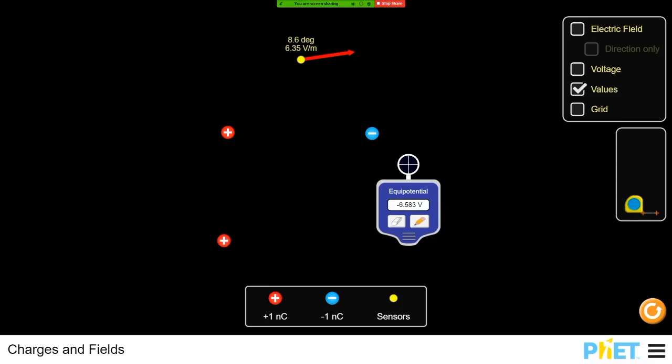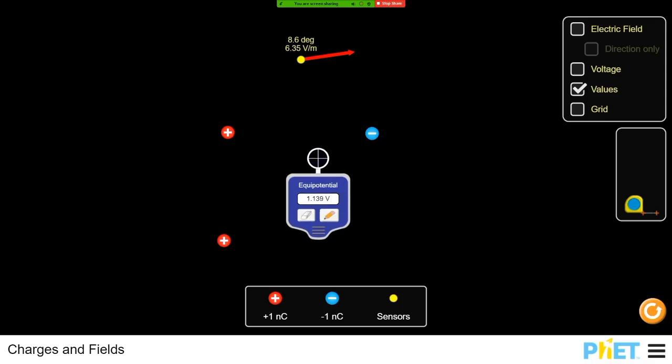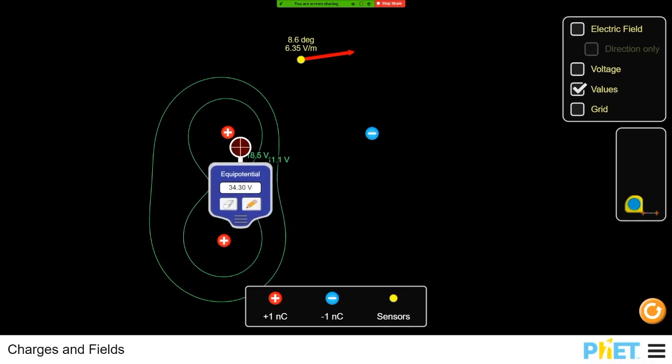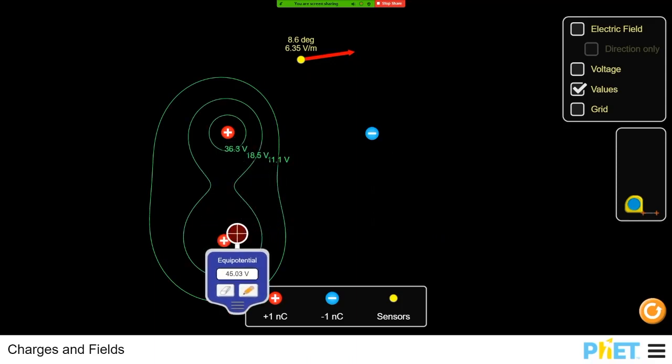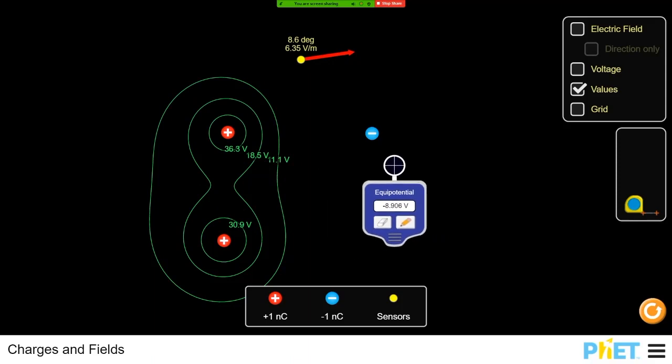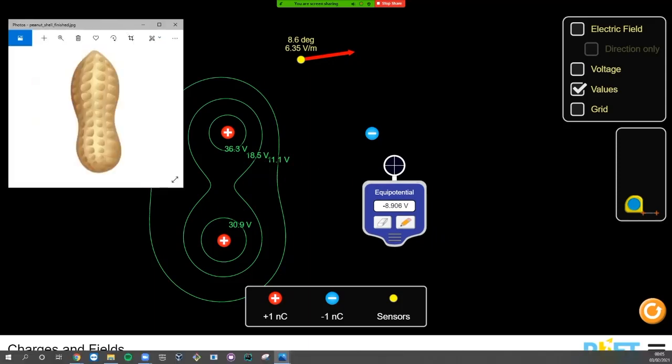So if we have a couple of positive charges, for example, 2 positive charges here, and we draw equipotential lines, this is kind of peanut shaped.